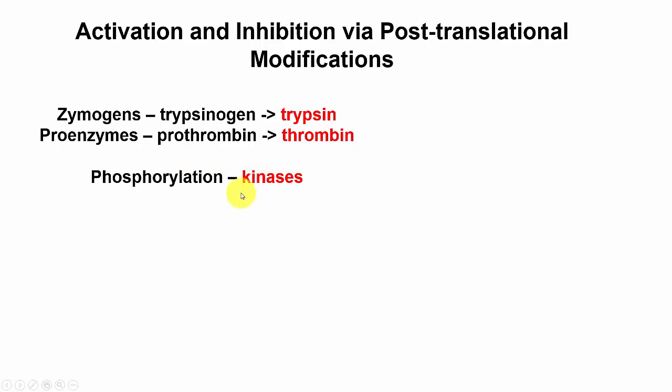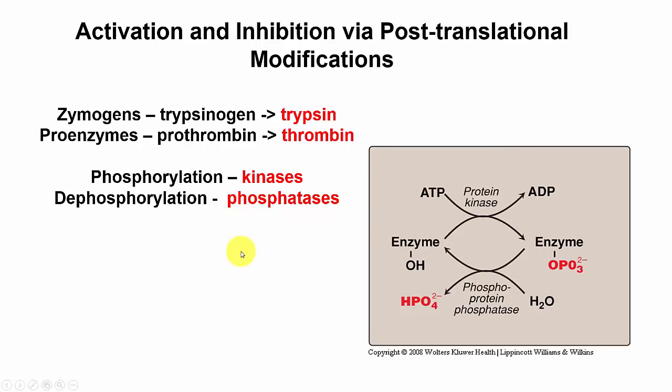Phosphorylation. Kinases add phosphates to proteins, sometimes to activate them, sometimes to inactivate them. Dephosphorylation: the enzymes are phosphatases. Phosphatases take phosphate groups off, and that can do an activation or inactivation process.